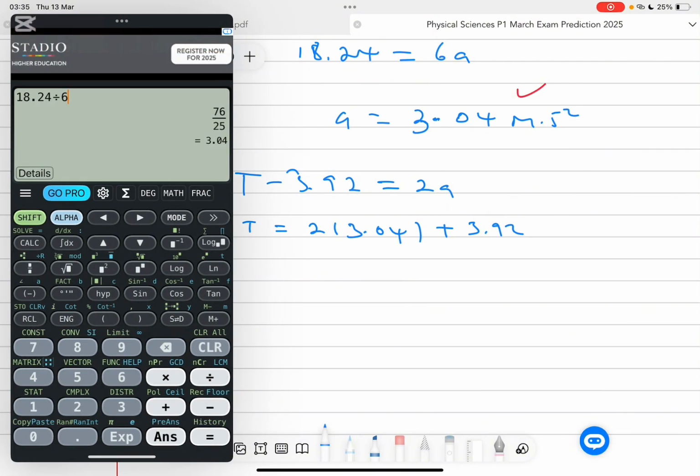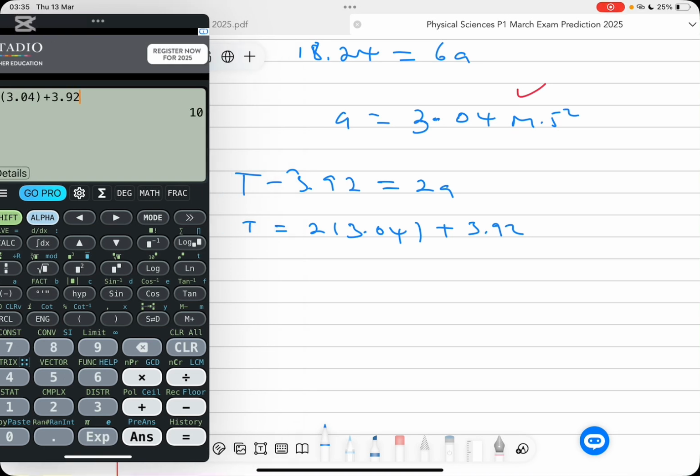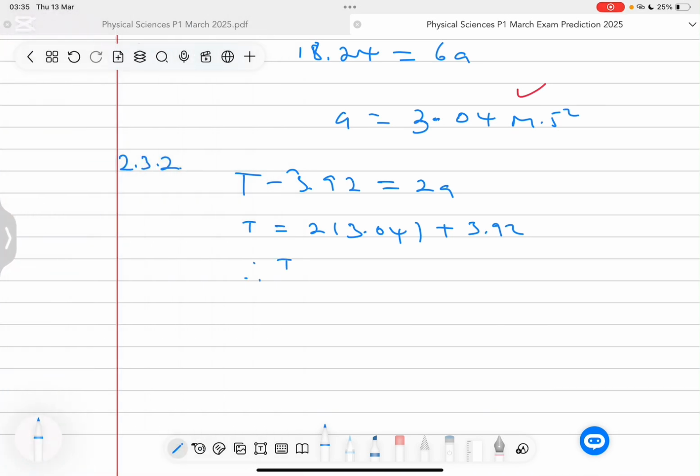Then from here, this question becomes really boring because we just use our calculator to find the final answer, plus 3.92. Then we get our tension force to indeed be equal to 10 newtons.